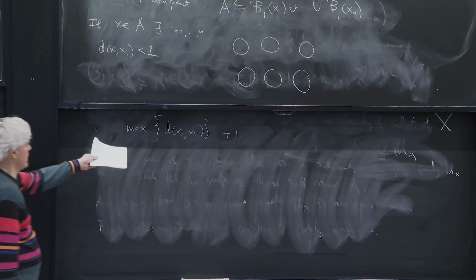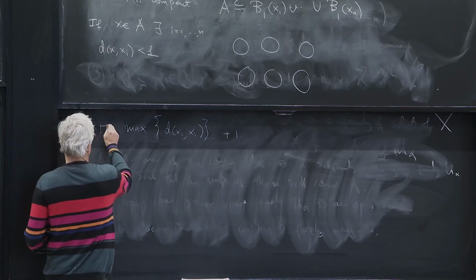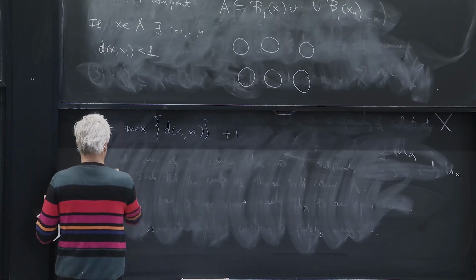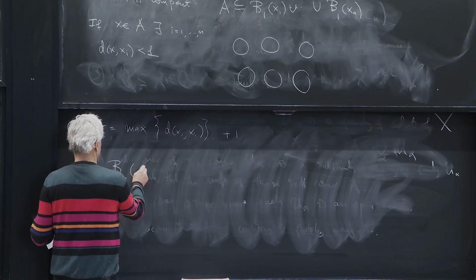You take a maximum over finitely many numbers, so this is a nice finite number, and you call this R. Now you look at the ball of radius R around x_1.